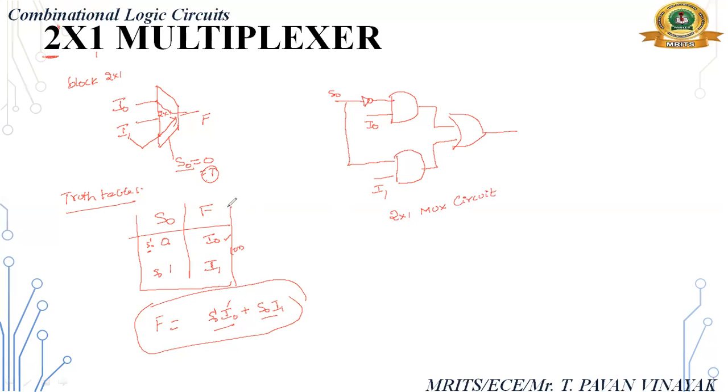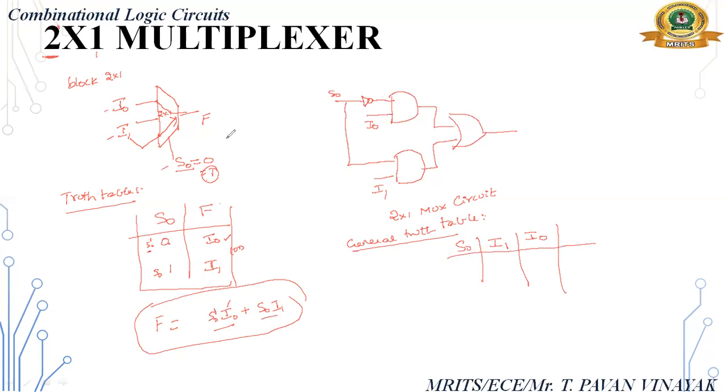So this is one type of truth table. Another truth table, general truth table. I am explaining now general truth table. General truth table means we write all inputs here. So here inputs are what? S naught, I1, I naught. Okay.